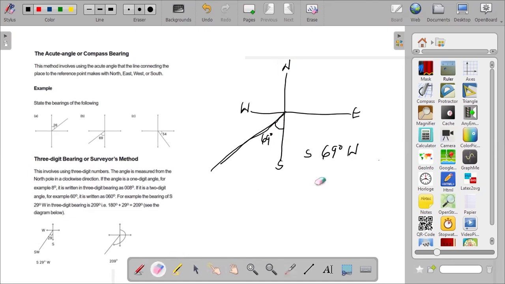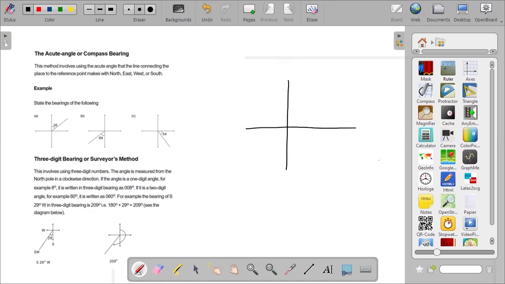That is compass bearing. Then the last one, the angle here is 54 degrees. In terms of compass bearing, this is north, this is south, this is west, this is east. So the bearing of this line, remember this vertical line is our reference point. So we cannot say that the bearing of this is 54 degrees southeast.